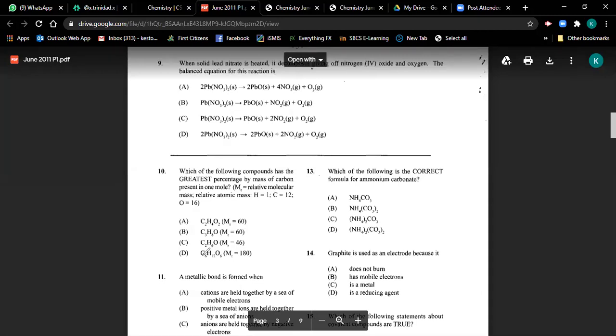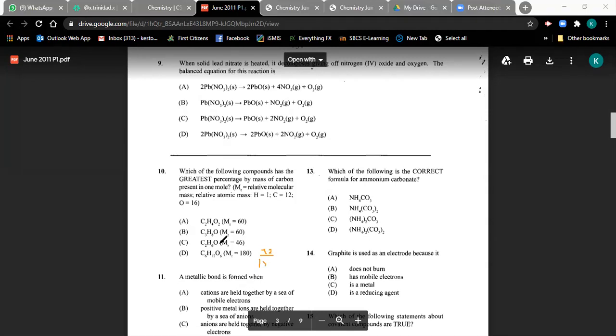Here we have 6 carbons, so 6 12s are 72 out of 180. 2 carbons, so this is 24 out of 46. 36 out of 60 for B. And A is 24 out of 60.